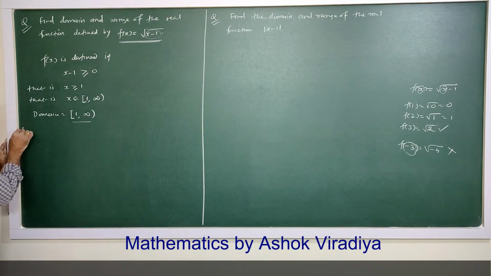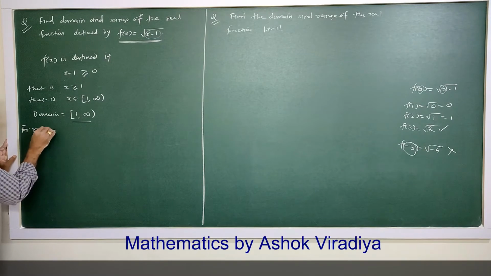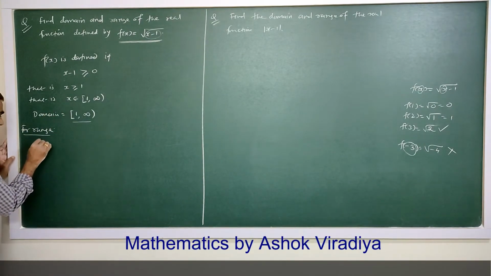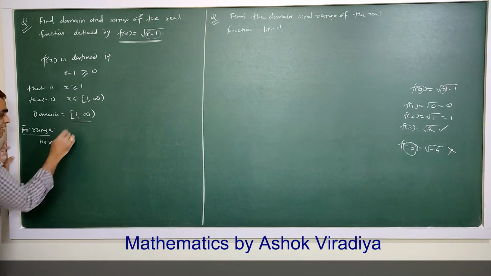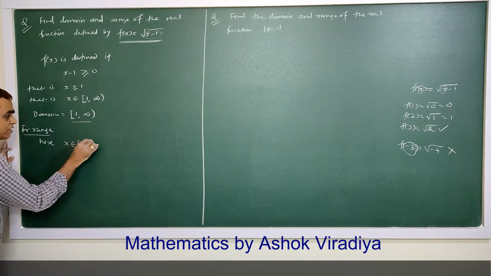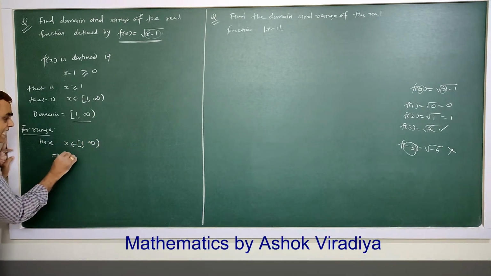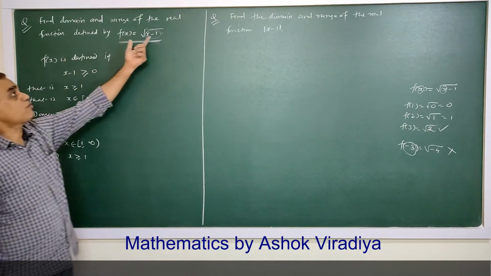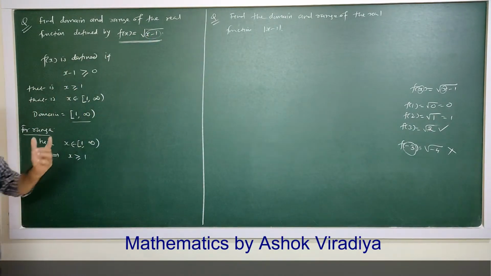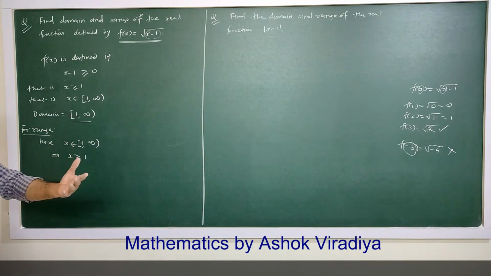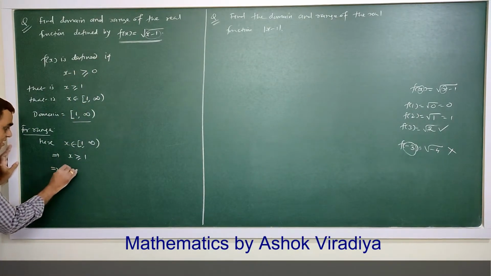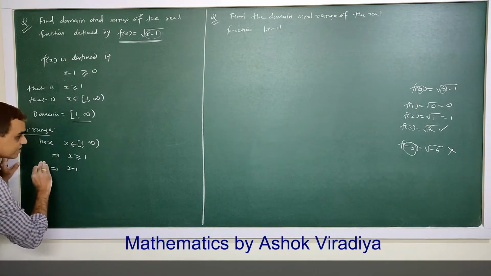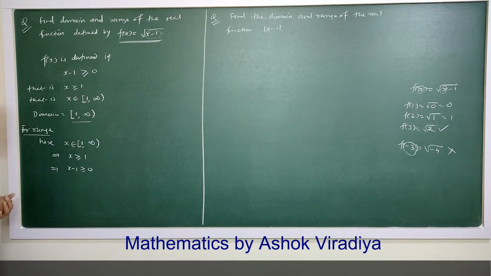Now for range, whenever we calculate range, begin from the domain. So here x is in this interval, always begin from the domain. It means x is more than or equal to 1. Create this expression, because we want to know about f(x). So creating this formula, x minus 1, because in the radical sign there is x minus 1, take 1 on this side. So x minus 1 is greater than or equal to 0.